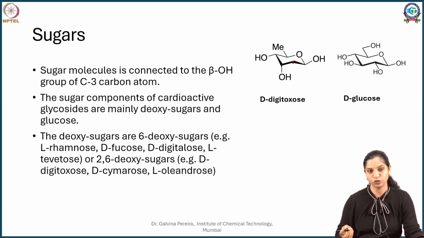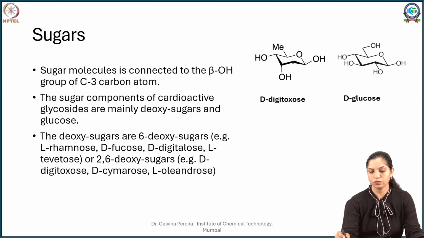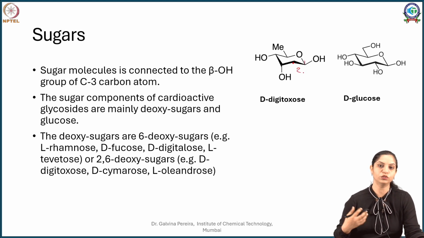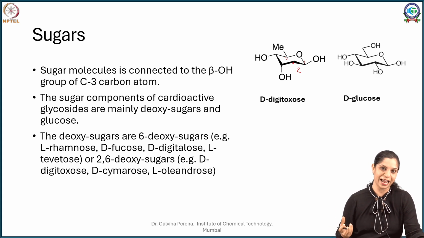So, you have your deoxy sugars, rhamnose, fucose, digitalose, thevetose, and also 2,6-deoxy sugars such as digitoxose. Cymarose and oleandrose are some other examples of deoxy sugars. Glucose, when attached to this type of glycoside, is mostly the terminal or outermost sugar.